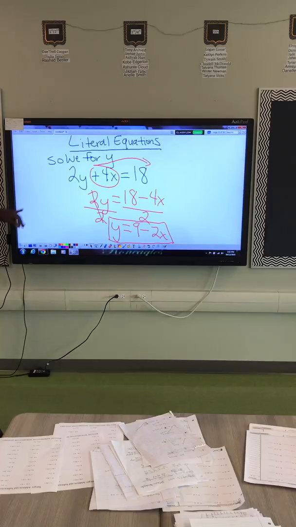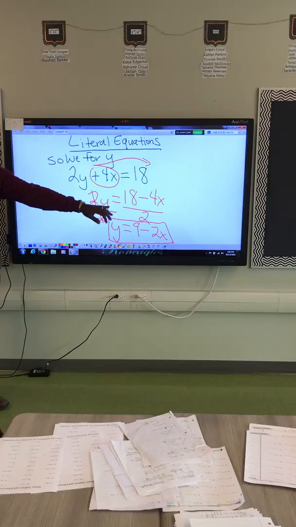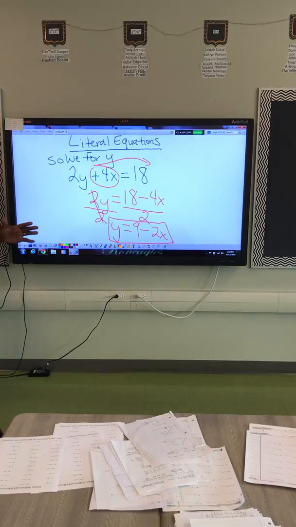I divided by 2 this time. If you have a 3y or a 4y or a 5y or whatever y, that's the number you divide the entire thing by.